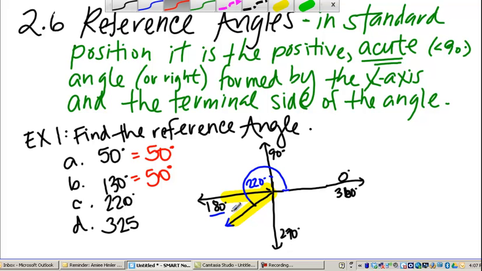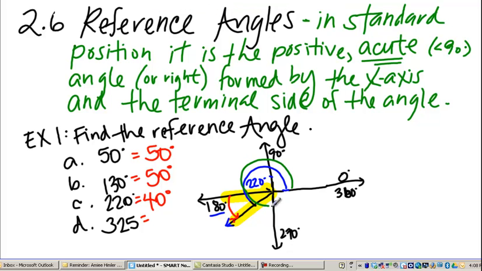So what angle measurement is from the x-axis to that terminal side? You got 180, 220. Think about it. You should get 40 degrees. 220 minus 180.